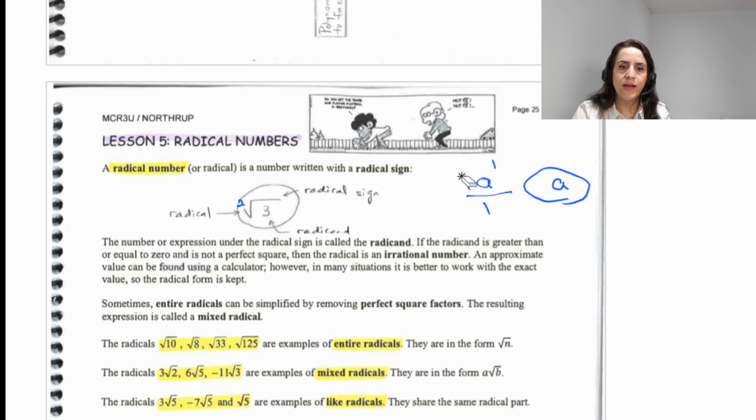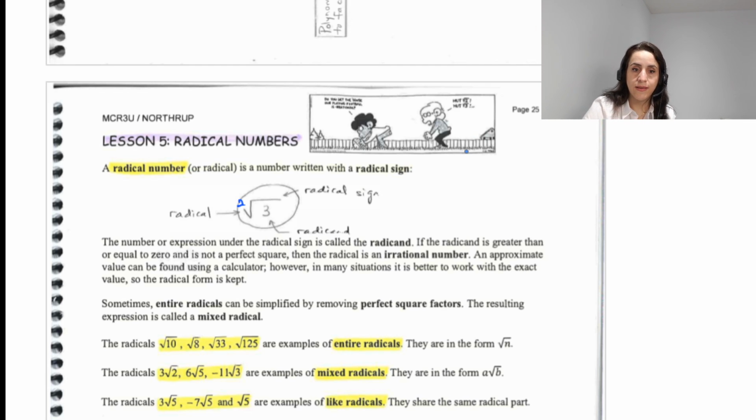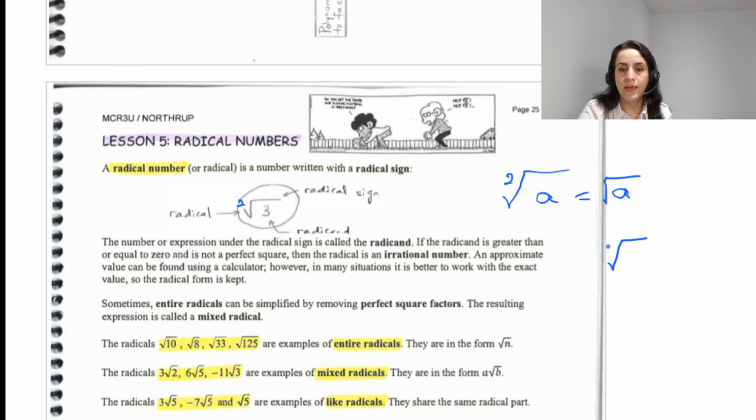When there is no index on the radical, everyone knows that the index is 2. But if the index is another number, you have to write it. We can have index 3, index 10, index of any number.